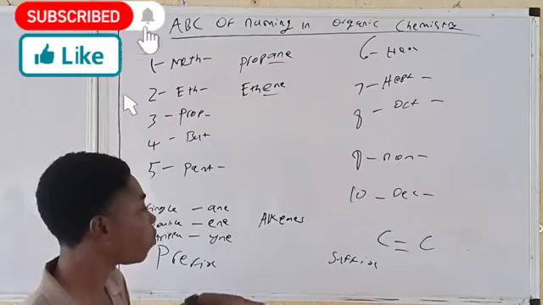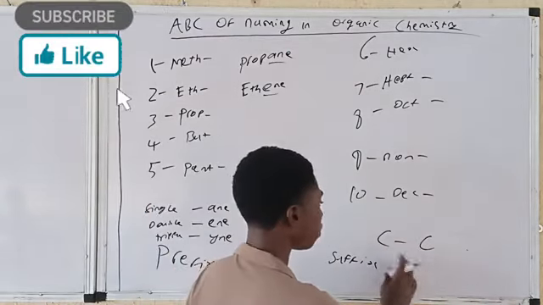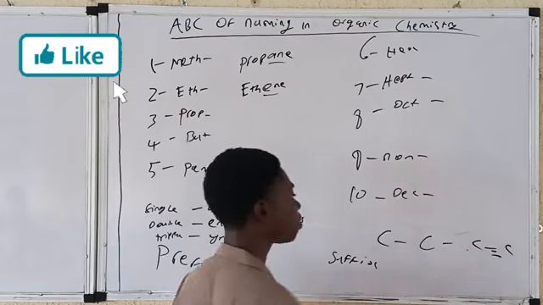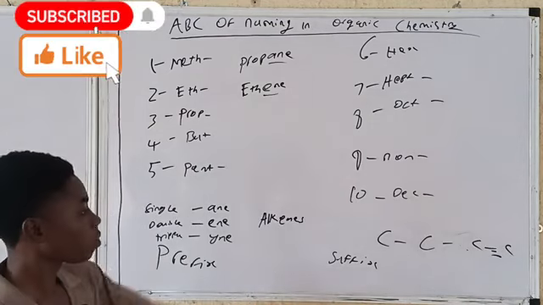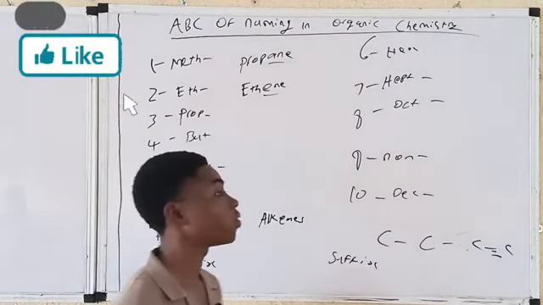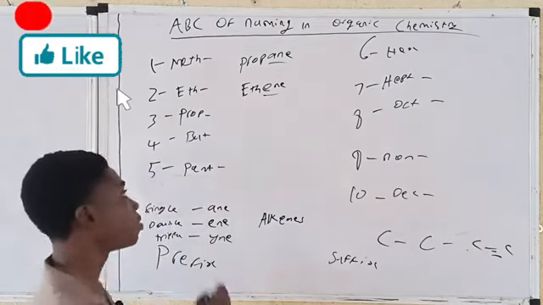Then for the ones containing triple bond, let's say this time it contains triple bond. First, how many carbon atoms are here? You count: one, two, three, four. And you know that four carbon atoms is what? But.